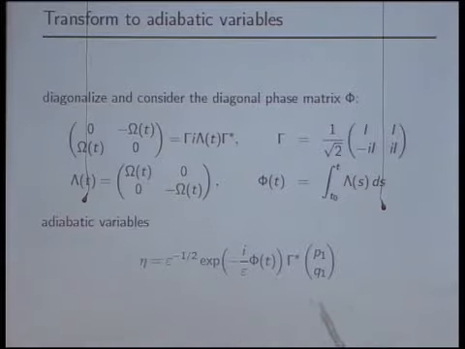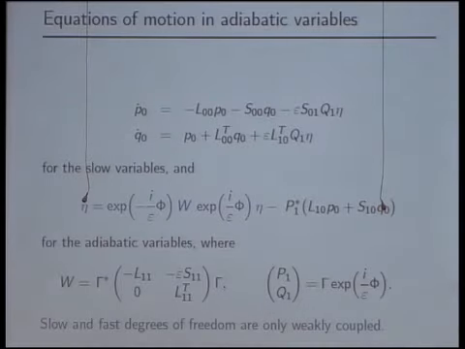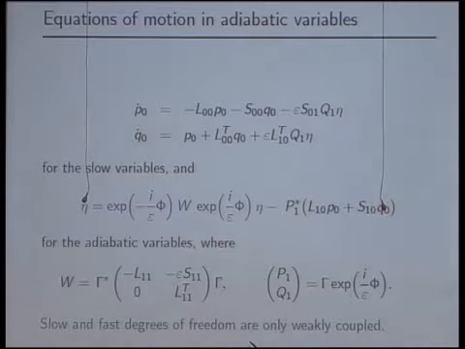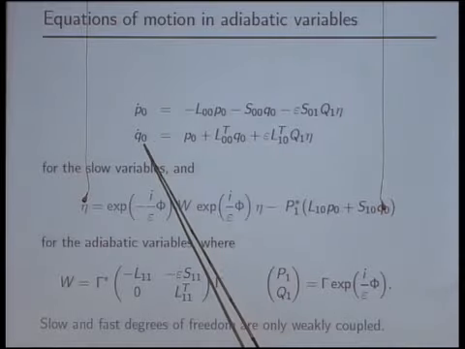With this rescaling, I obtain that for systems with energy bounded uniformly in epsilon, the eta would be of magnitude 1. So now I write down the equations of motion in these variables. And what I get is that now the slow and fast degrees of freedom are only weakly coupled between the P0 and Q0. These are the slow variables.